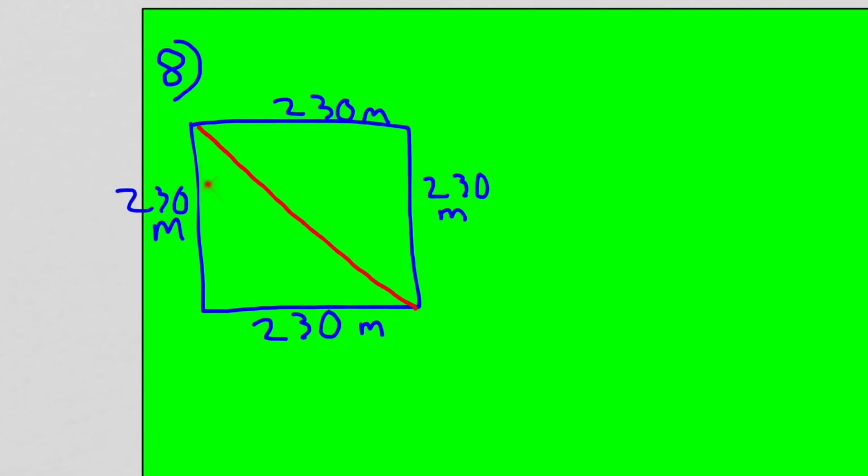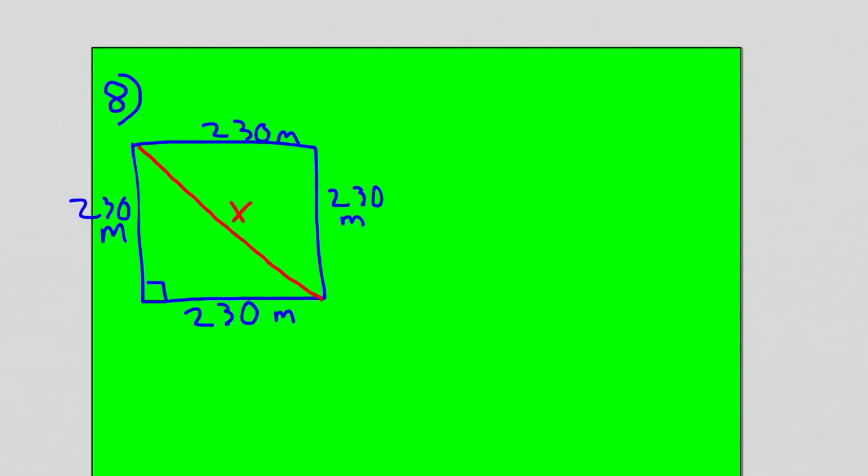And you can see this divides the square into right triangles. Here's your right angle, right there. What we want to know is that red line, the diagonal. In this case, we're talking about the hypotenuse of the right triangle. Here's our right triangle. The side opposite the right angle is the hypotenuse. Let's use the Pythagorean theorem.